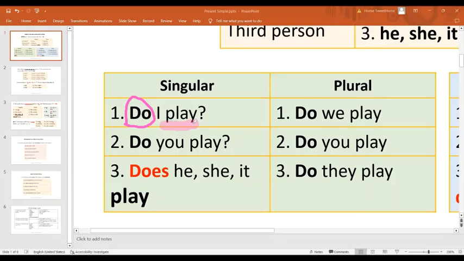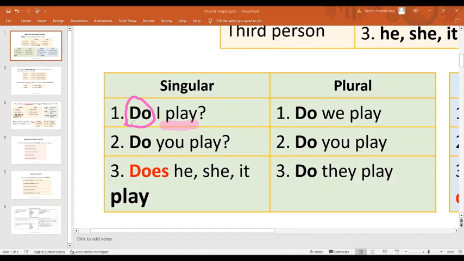The second verb, or main verb, which contains meaning, is here. So this is your verb play. Do doesn't mean anything. It just helps create a question.